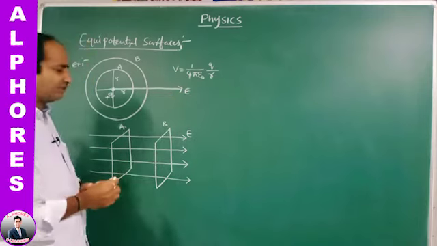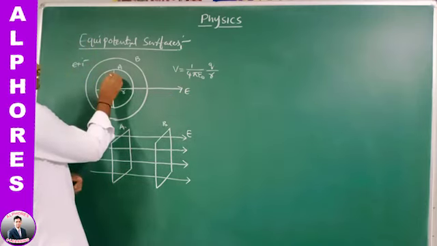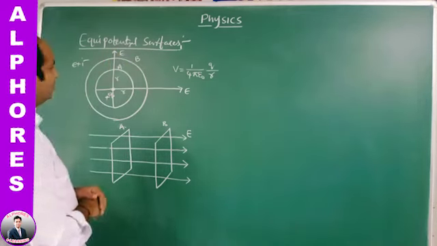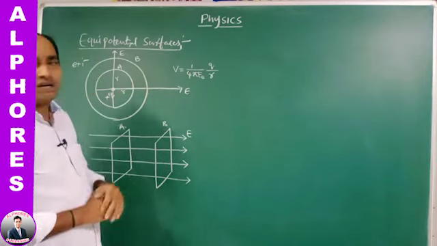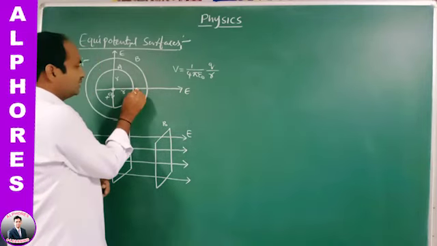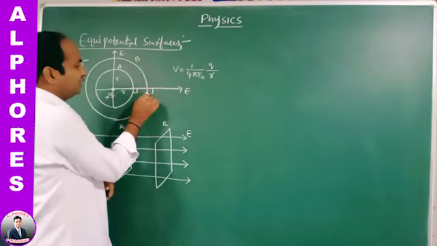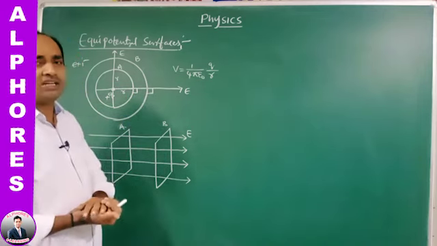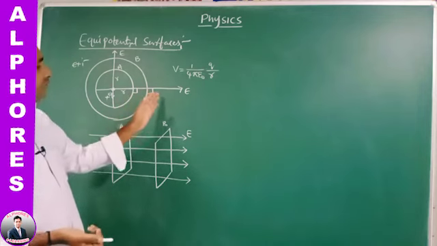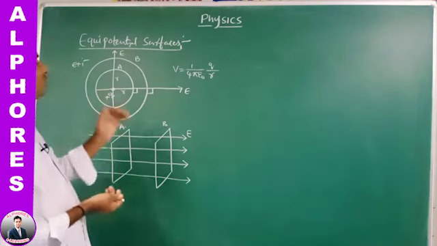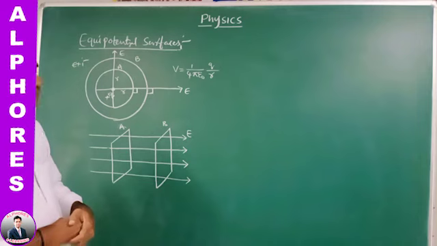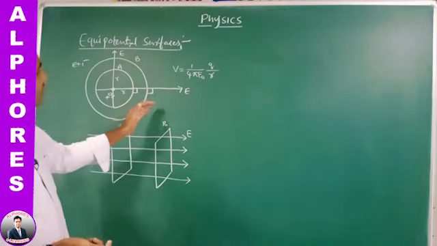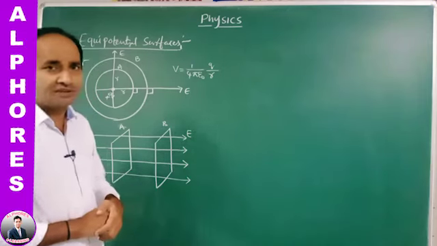This is the direction of E. A and B are the equipotential surfaces and this is the direction of E. If you observe this diagram, the electric field is always normal to the equipotential surfaces.